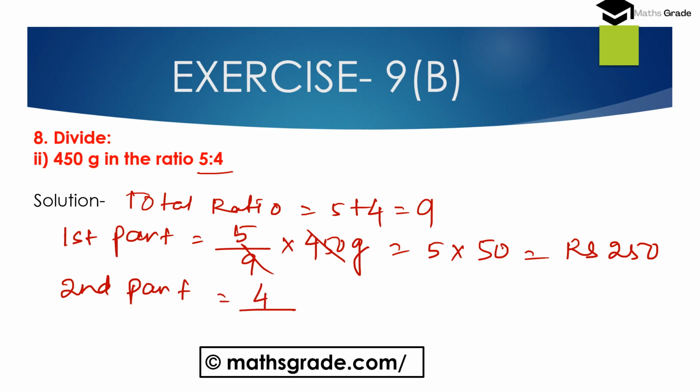Now the second part will be 4 divided by the total ratio 9, multiplied by 450 grams. Now cancel 9 and 450, 9 times 50 is 450. So 4 multiplied by 50 is equal to 200 grams.